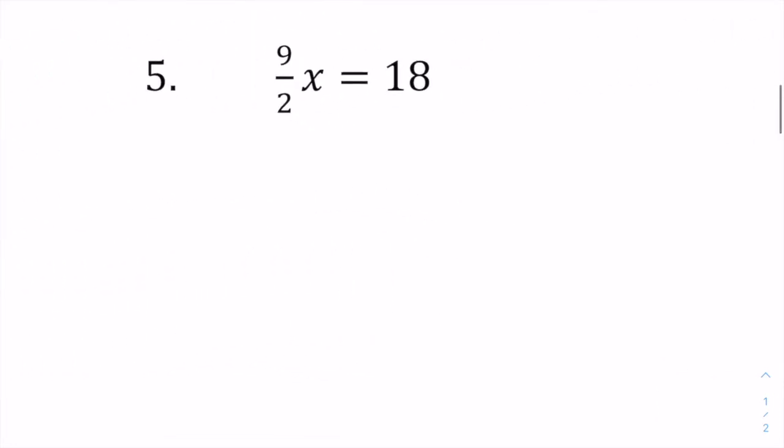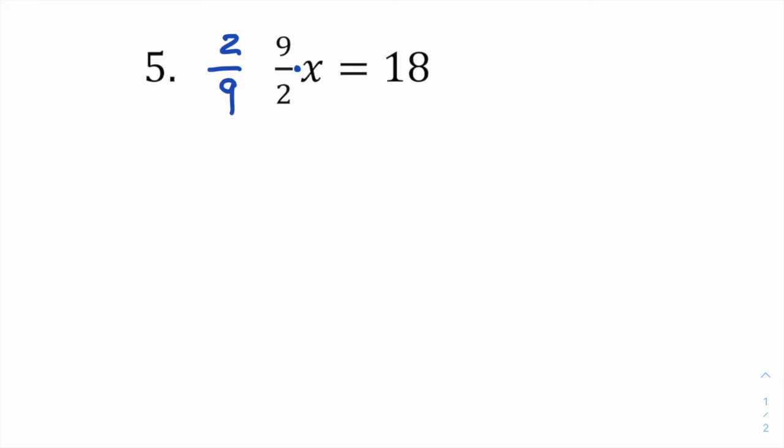Let's go ahead and look at some examples where we have multiplication or division. So here we have the fraction 9 halves times x. Some of you might think, let's go ahead and divide because we've got multiplication here. And in theory that does work, but when we're dividing by fractions, we end up multiplying by the reciprocal. So we're going to jump ahead right away. When you see multiplication here, we're right away going to multiply by the reciprocal.